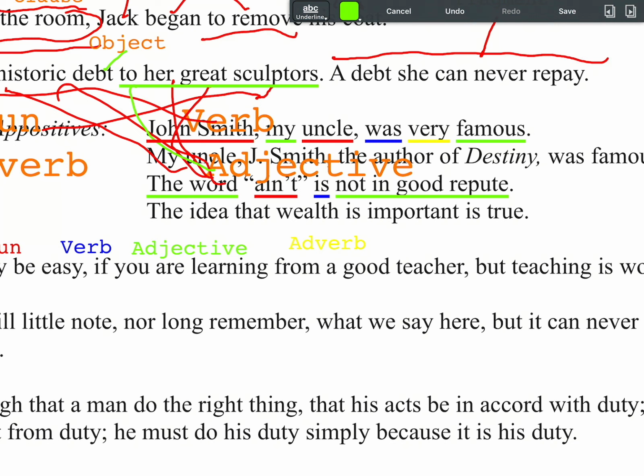Right, now the next one: the idea that wealth is important is true. So the main essence of the sentence is wealth is important. Wealth is the noun and the subject. Is is the verb and the predicate. And important is the complement, but not the object because it's a state, not an action.